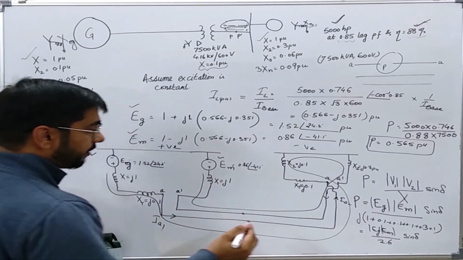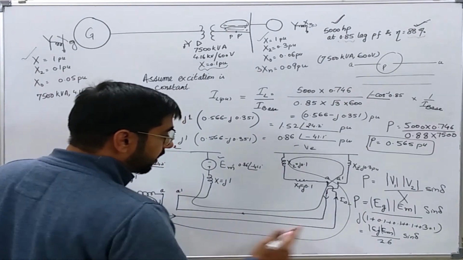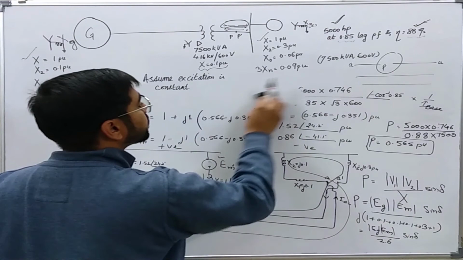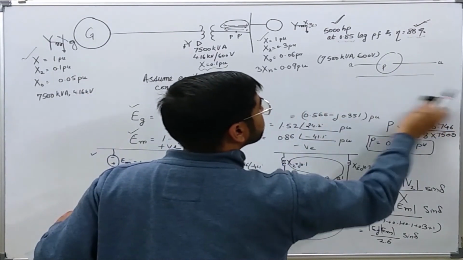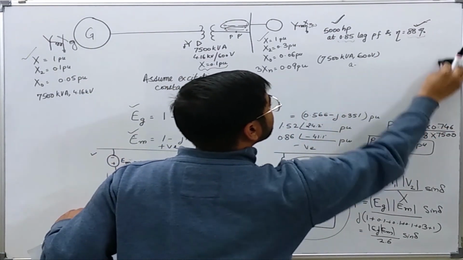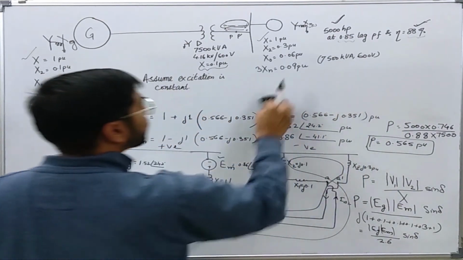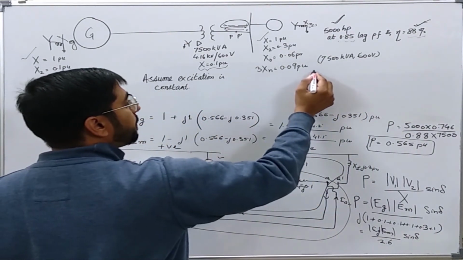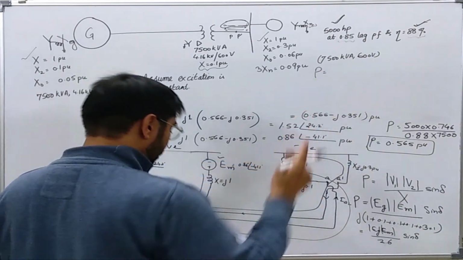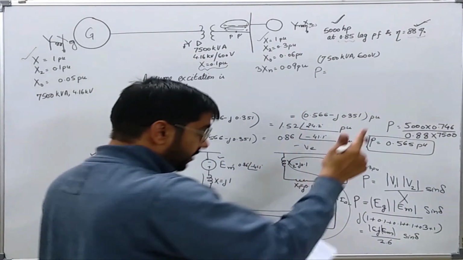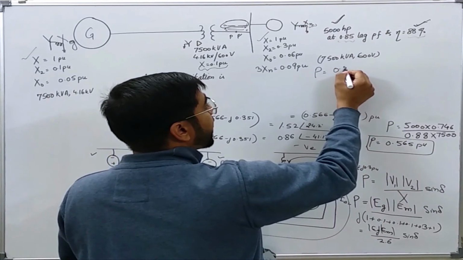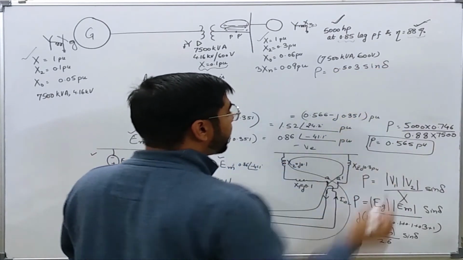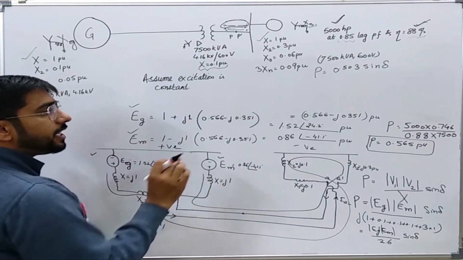On putting the value of Eg and Em, I will get power equal to, in per unit, 0.503 sine of delta, the delta angle between Eg and Em.